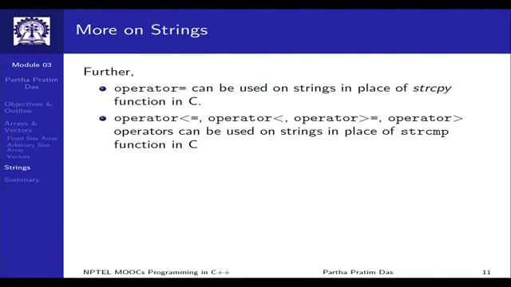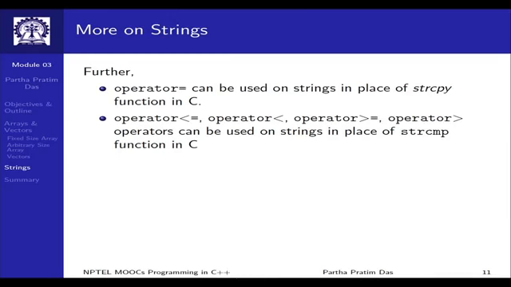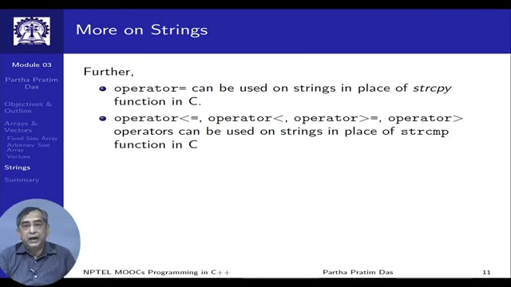You can use all the comparison operators, less than, equal to, greater than, in place of using strcmp. We know strcmp is a relatively complex function to use, because it takes two C strings, that is char star pointers, and returns a value which could be -1, 0, or +1, depending on which string is larger or if the strings are equal.